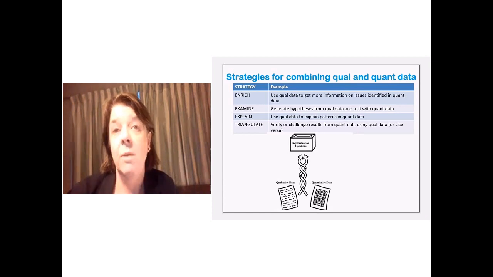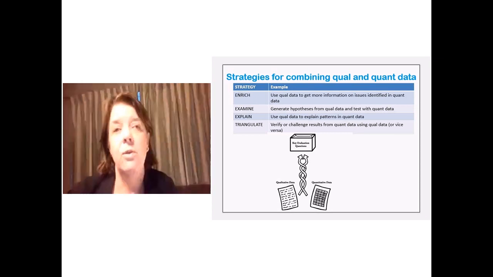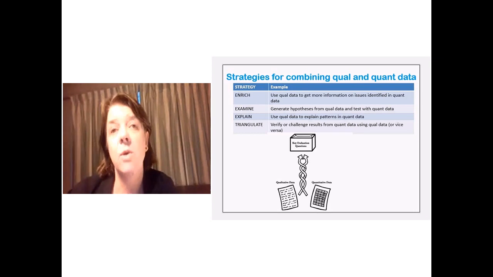Like you might then do some interviews with people who exemplify some of the patterns, and then you actually understand more what's going on. You might use it to examine, where you might start with some interviews or some observations or some review of project records, develop some hypotheses, and then you'll test those with some quantitative data.